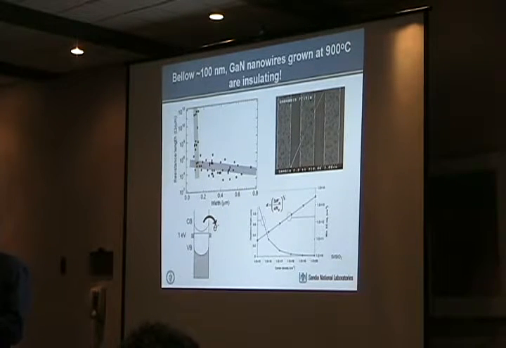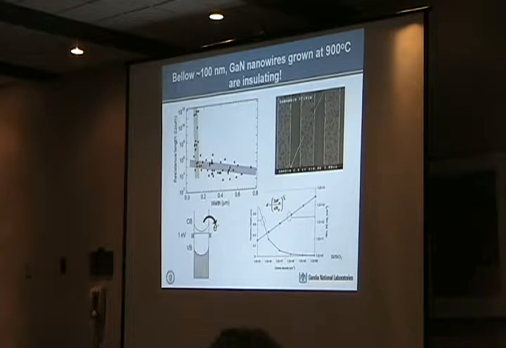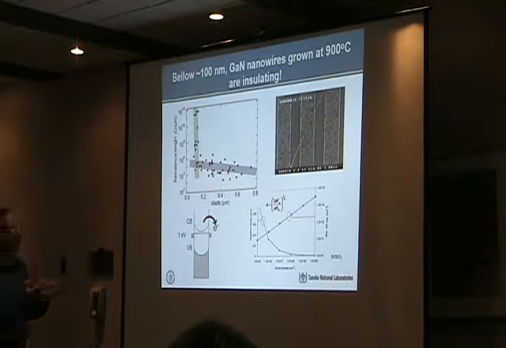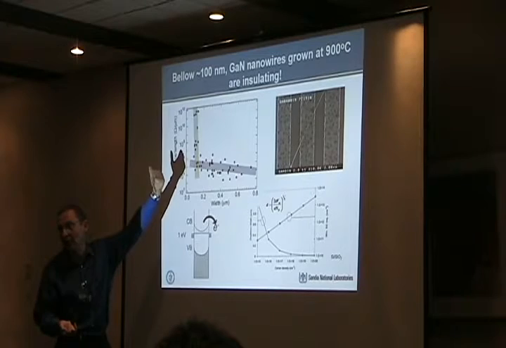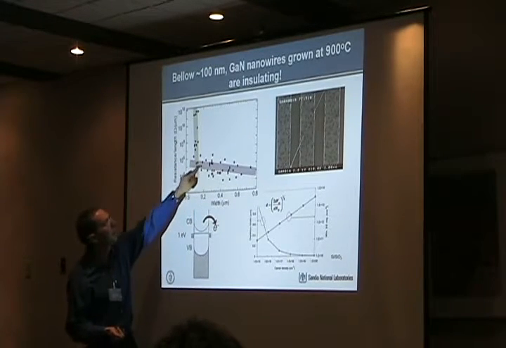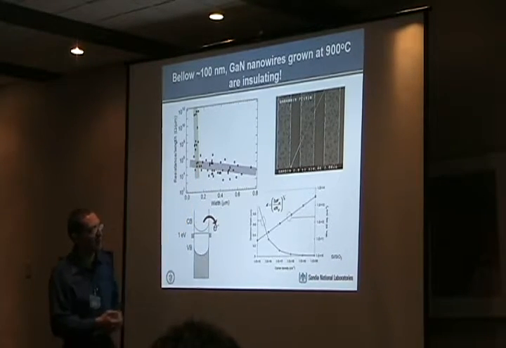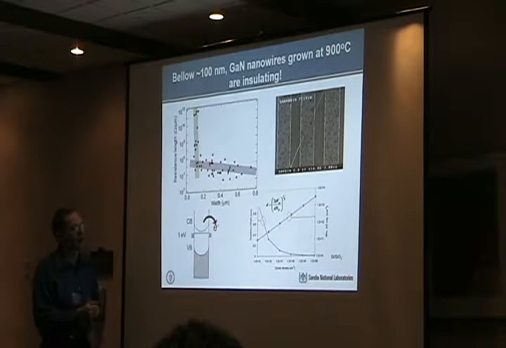So if you consider that your resistance is, let's say, 2 times the contact resistance, the contact resistance will go approximately as the area of the contact, which will go linearly with the width, and depends on the diameter, which will go as the square of the width. Then on a log plot, both of those will be linear, right? Because I'm going to take a log, and so what we see here is a linear behavior. But as we get below about 100 nanometers, we see that it becomes very, very resistive.